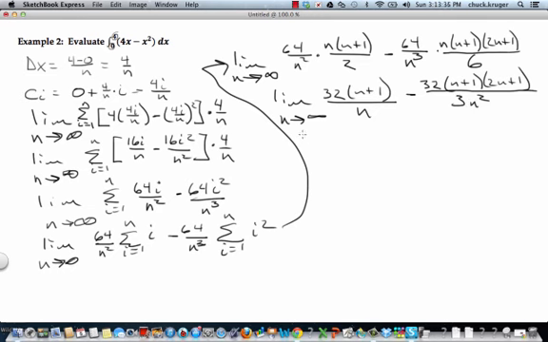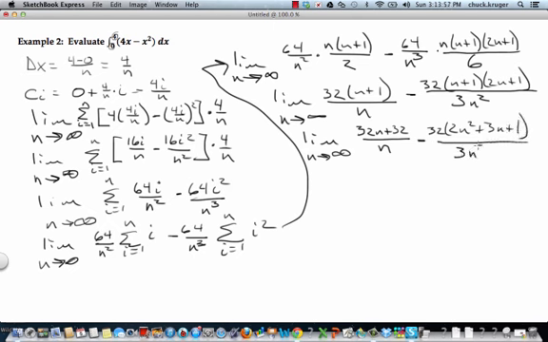Alright, so I'm going to do this one more time. The limit as n goes to infinity of 32n plus 32 over n minus 32 times 2n squared plus 3n plus 1 all over 3n squared.